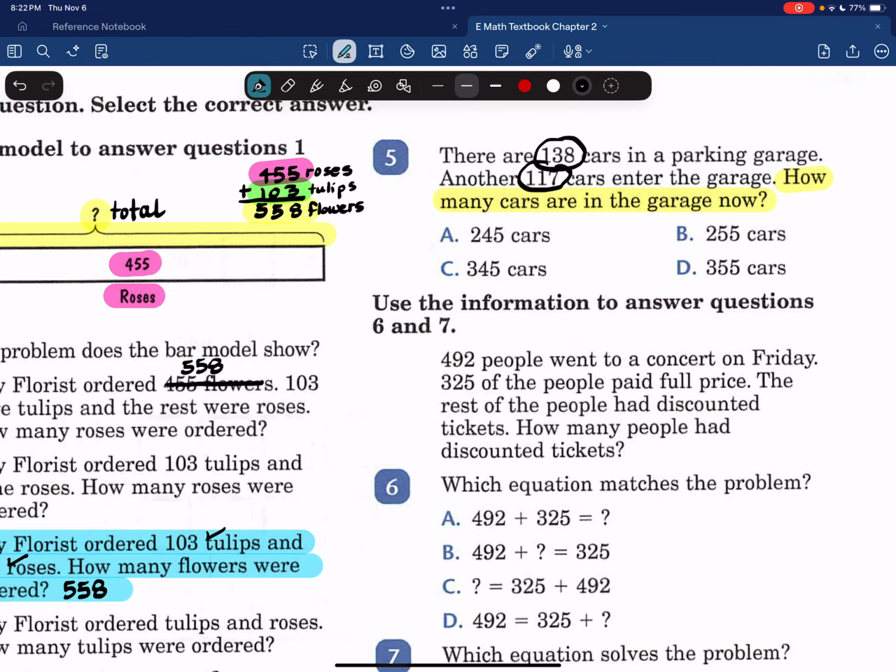And that should be the answer we're looking for. And sure enough, there it is. Okay.